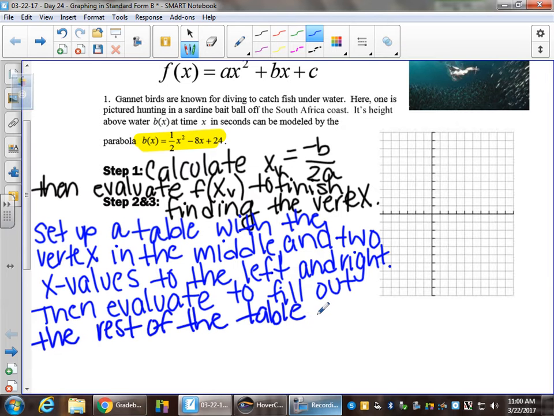Bless you. Okay, so step 2 and 3. Set up a table with the vertex in the middle and 2 x values to the left and right. Then evaluate to fill out the rest of the table.